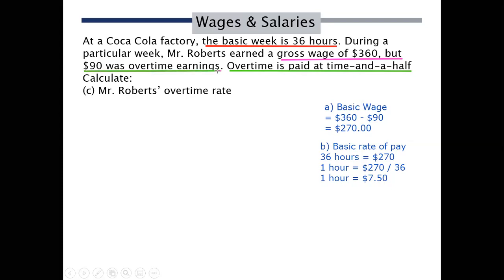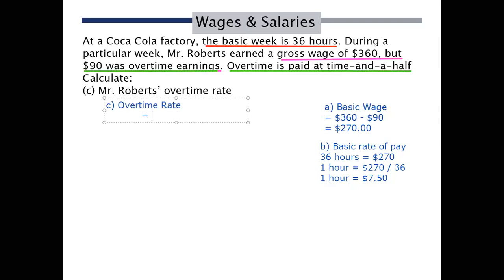So those two pieces of information together can easily help me find his overtime rates. So let's get a text box and let's work out question C. All right, question C, overtime rate. Let me move my text box down a little.